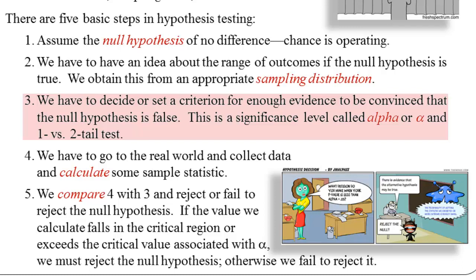The alpha level also can be a bit tricky. What we're talking about here is how big a difference do you need to reject the null? How big a departure from normal, how big a departure from chance do you need to reject the null hypothesis? And that's a bit more difficult. You'll remember that earlier in the class when we were looking at the z-distribution and understanding it as a probability distribution, I said that there are 3 criteria that most people use to identify typical from atypical things.